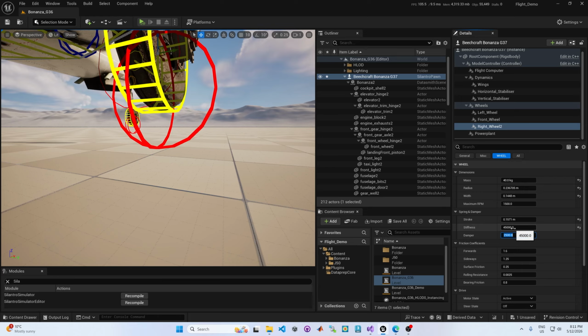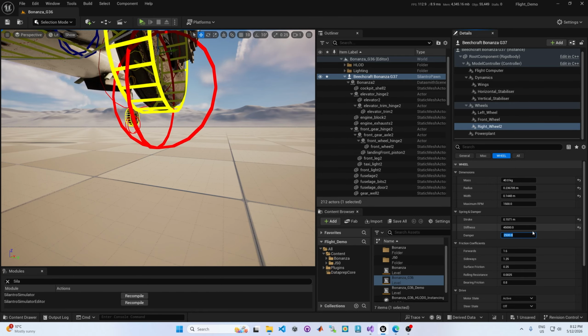A higher damper is going to dampen faster and stop the speed faster. Overall, the amount of force that is generated per compression is not going to change. That is what the stiffness does. But if you increase the damping value, the wheel or the hydraulic system is going to dampen faster.